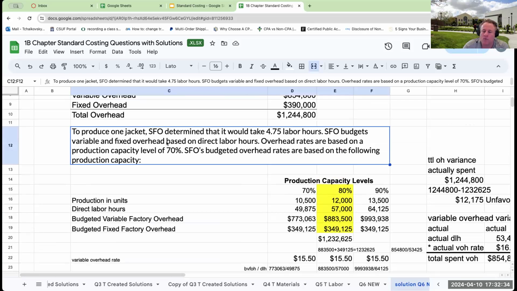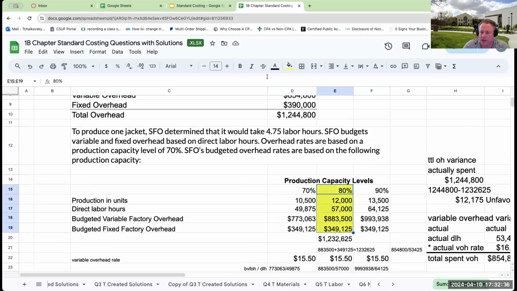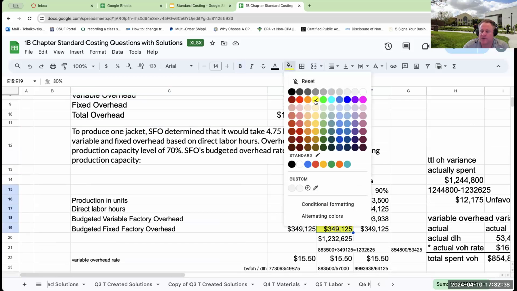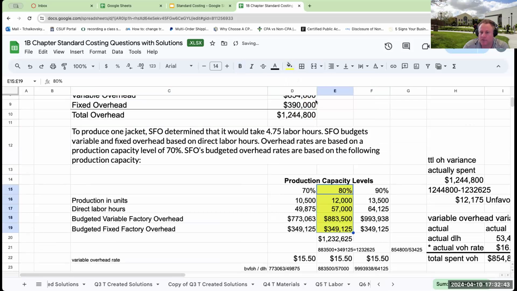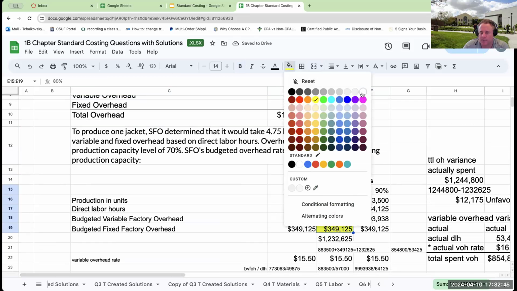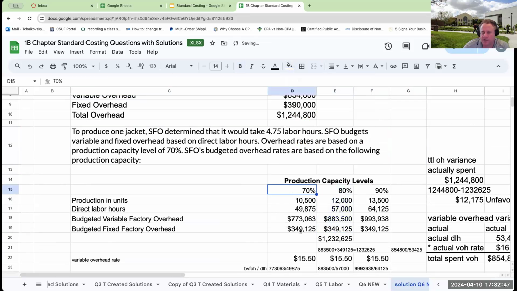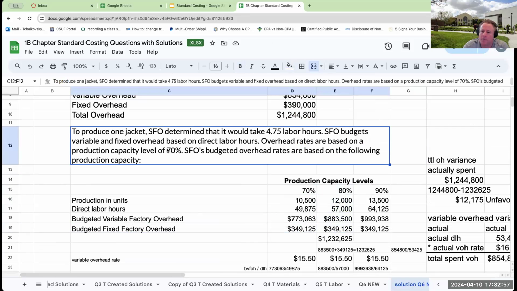Now, when it comes to the extra credit, this is where the 70% comes in. When I set up the budgeted fixed factory overhead, this was based on a production capacity level of 70%.